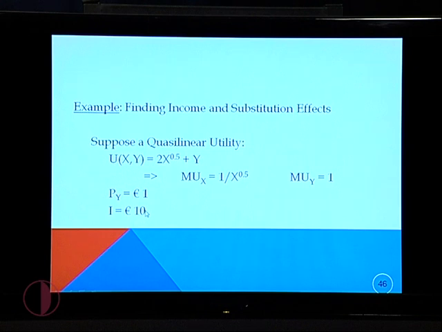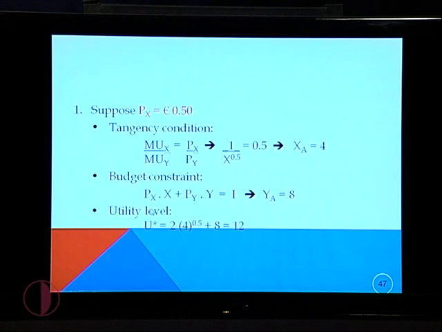Let's have a look at this example. When we calculate the marginal utility of x over the marginal utility of y, it is equal to Px over Py. This is the well-known equation, and x is calculated as 4. When we put this into the budget constraint, it gives us y as 8.